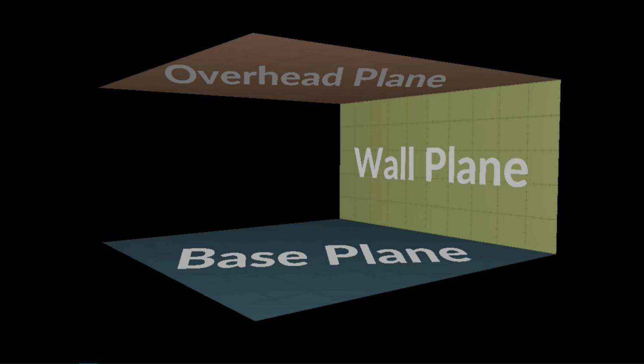So the three types of planes are the base plane, the plane that you stand on, the wall planes that hem you in, and the overhead planes that are above you.